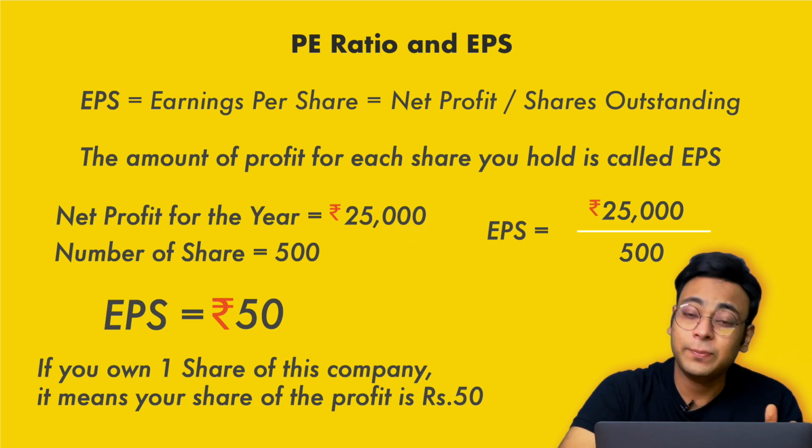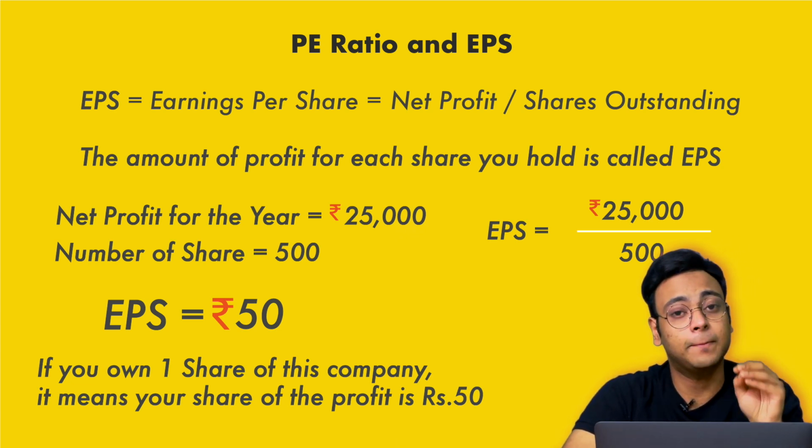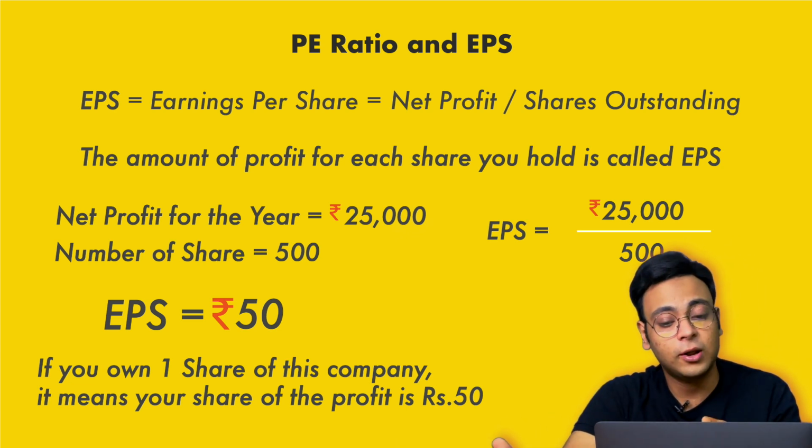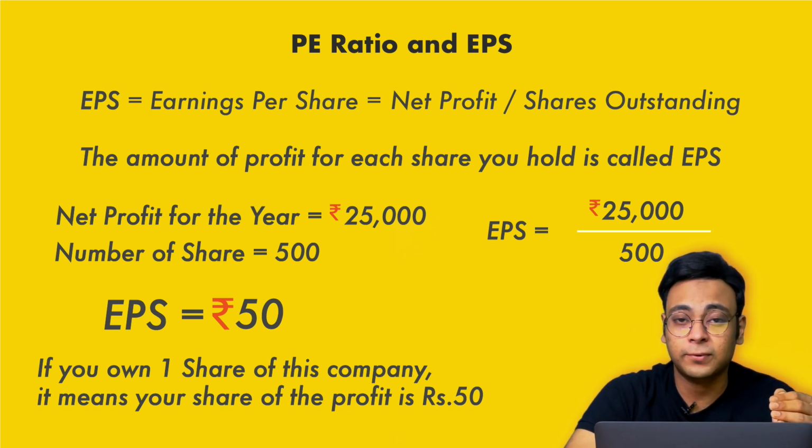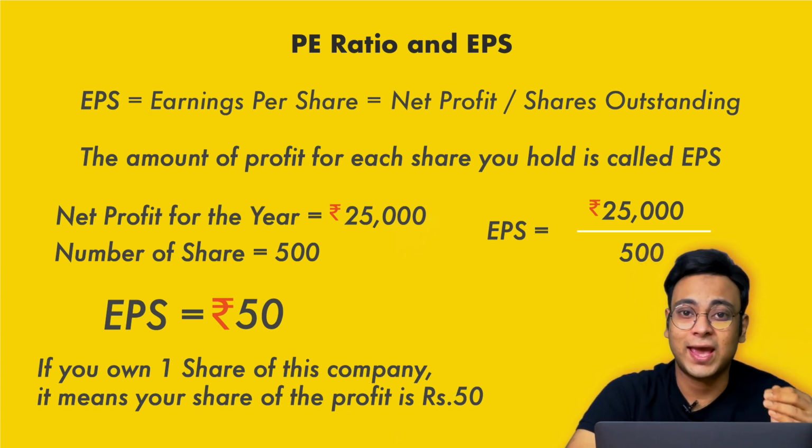So the first topic of this video is the PE ratio and the EPS of a company. Let's understand EPS, earnings per share, first, because based on that we look at the PE ratio of a company, which is very important. EPS of a company means earnings per share. The formula is net profit of a company divided by shares outstanding.